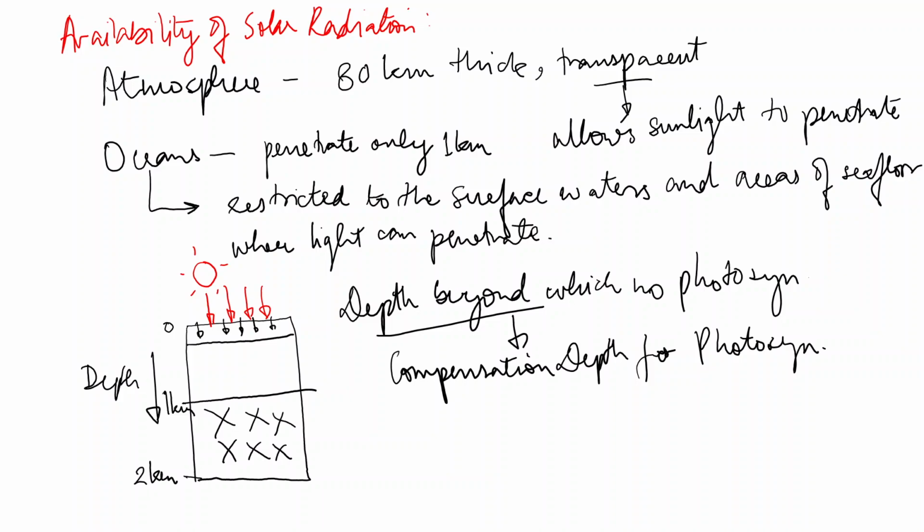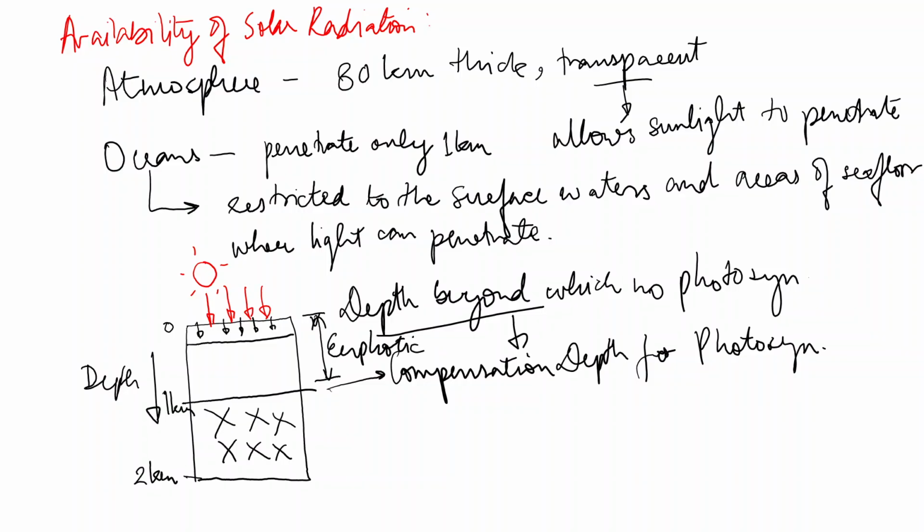Compensation depth for photosynthesis. Now, the euphotic zone extends from the surface to compensation depth for photosynthesis. So, if this is the compensation depth, this zone will be called as euphotic zone.